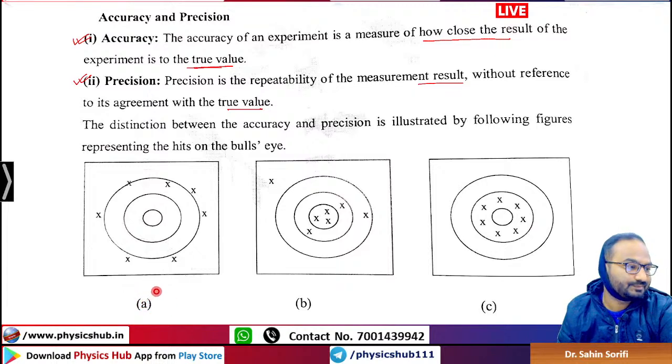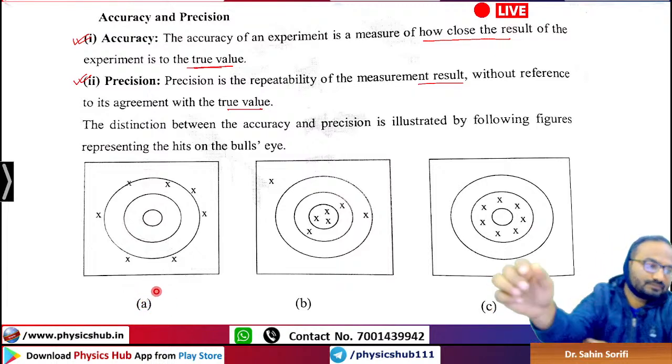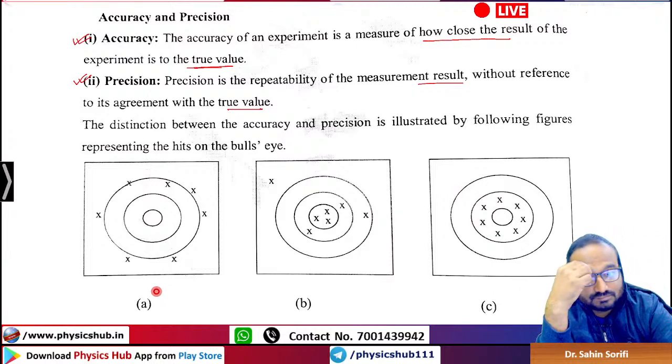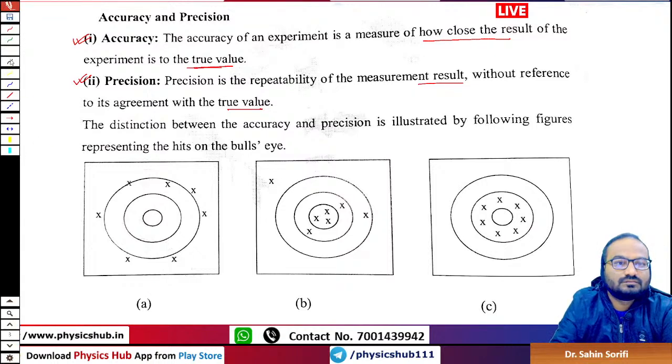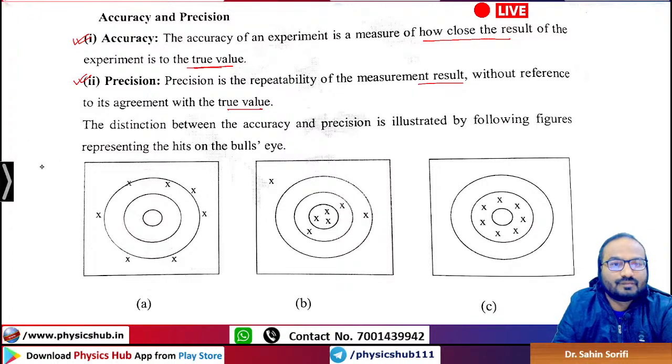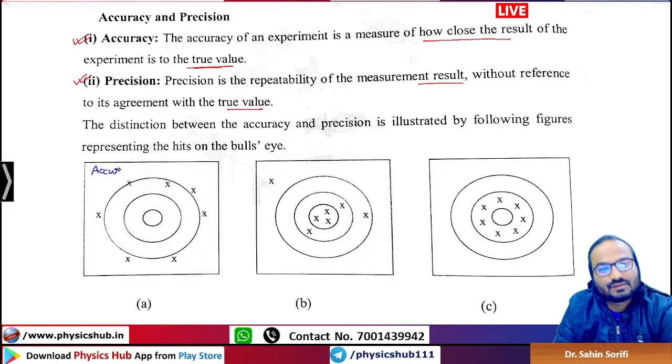Let's say for each figure, is accuracy high or low, and is precision high or low?